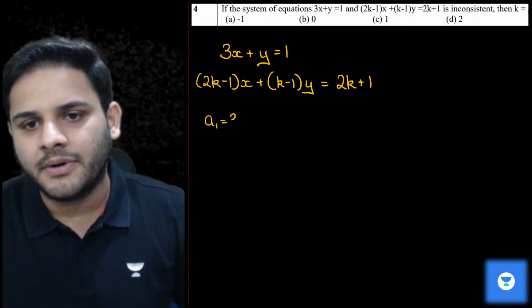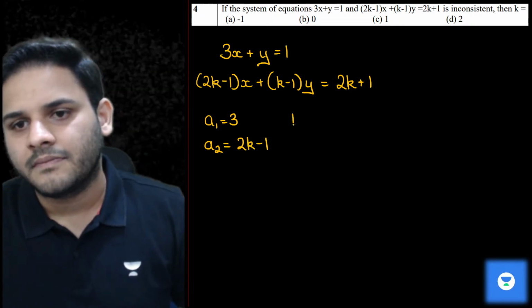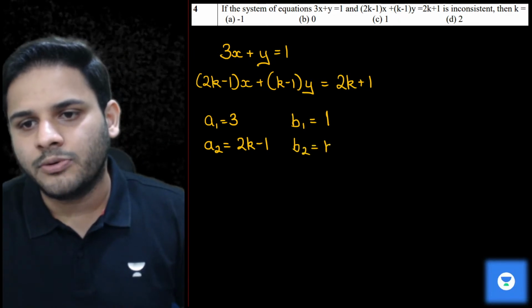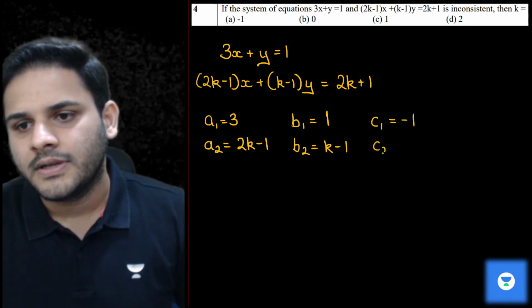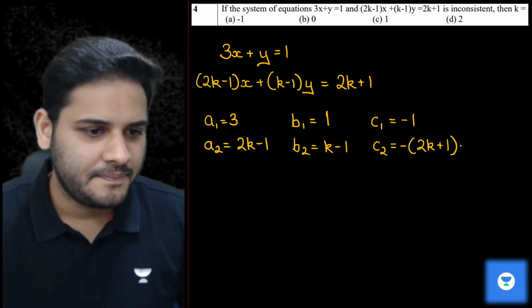So a1 is equal to 3, a2 is equal to 2k minus 1, b1 is equal to 1, b2 is equal to k minus 1, c1 is equal to minus 1, c2 will be equal to minus 2k plus 1.